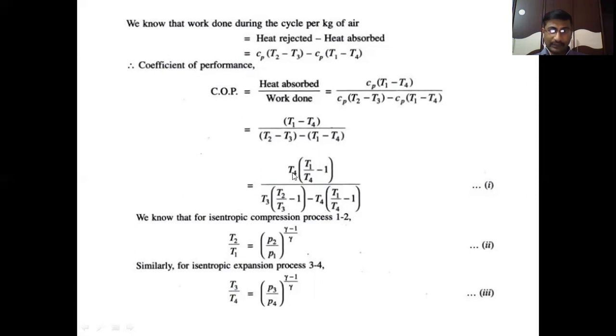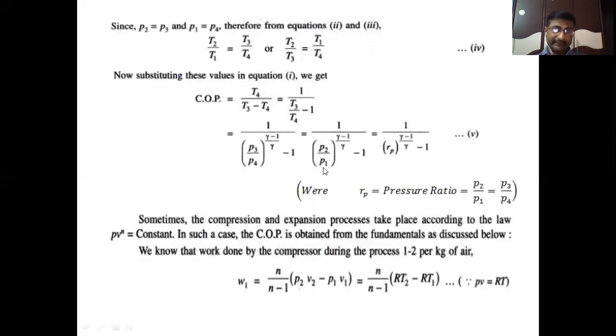Then we get only T4 as the numerator, and in the denominator we have T3 minus T4 only. The remaining parameters can be cancelled. So T4 by (T3 minus T4) by substituting these values in equation 1. Therefore, COP equals T4 by (T3 minus T4).